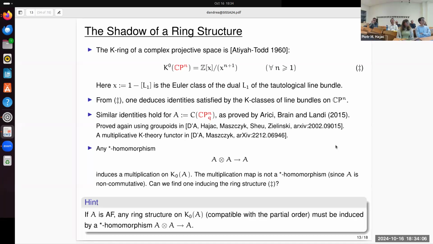But you can twist this symmetry for the middle tensor factors, and under some assumptions, you can obtain a homomorphism.